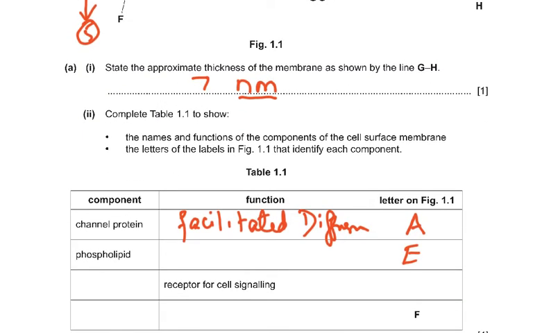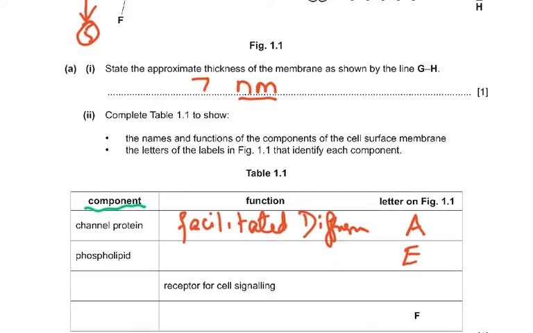So phospholipid, then receptor for cell signaling. You would say A. Sorry, no, you won't say A. You would say glycolipid or glycoprotein, because here you have to say the component. So you could have said glycolipid or glycoprotein. And here, receptor for cell signaling. Let's look at that.